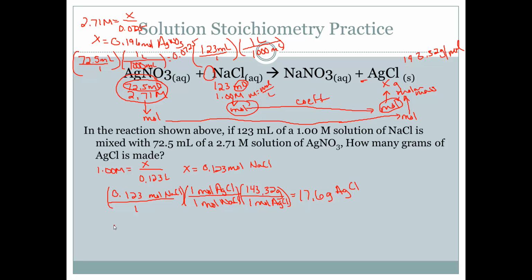0.196 moles AgNO3 over 1. We have moles of AgNO3 on top, which means we need to put moles of AgNO3 on the bottom. 1 is the coefficient for that. We're converting it over to AgCl, so 1 mole AgCl.